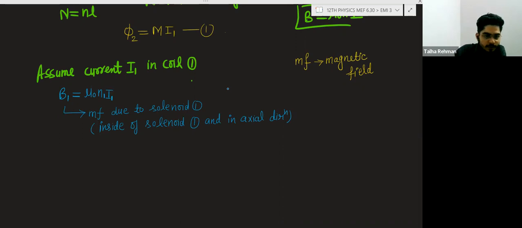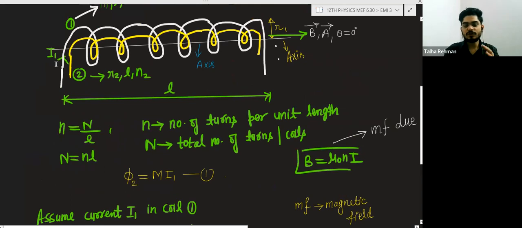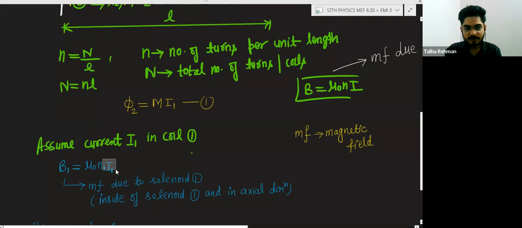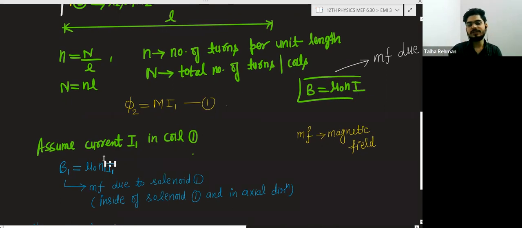Now, when I1 is changing, suppose the current is increasing or decreasing in coil 1. Suppose this current is decreasing; you have to relate all the things.